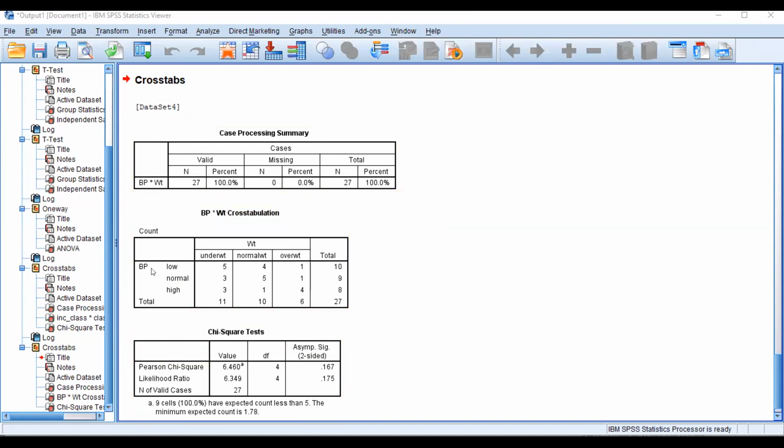You can do the percentage analysis too if you have less material to present, but mostly we go for this part. The Pearson chi-square value at degree of freedom 4 is 0.167. This is more than 0.05, so you have to accept the null hypothesis.